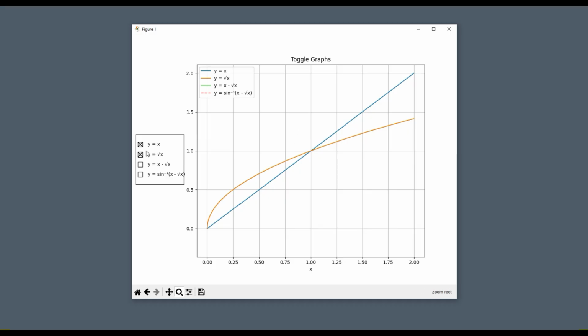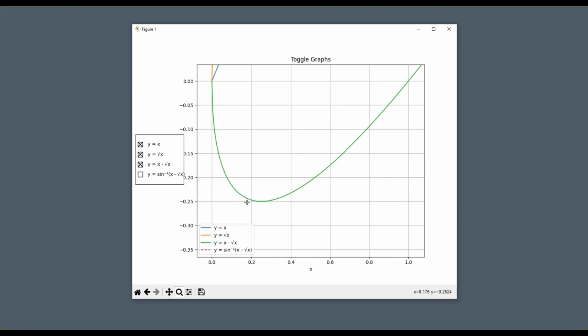Now if I take the difference, obviously between 0 to 1, x is less than root of x. Right? It should be commonsensical to you guys. So this graph x minus root of x has to be negative. There's no other option. And we are trying to figure out the point wherein it comes down and goes up.